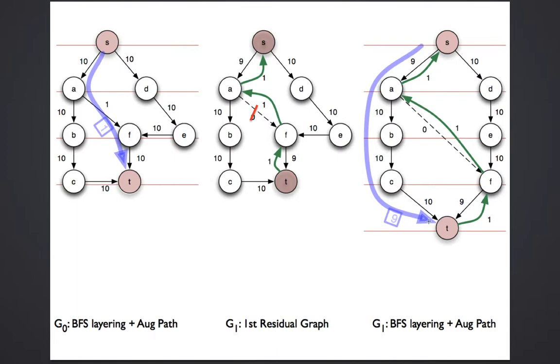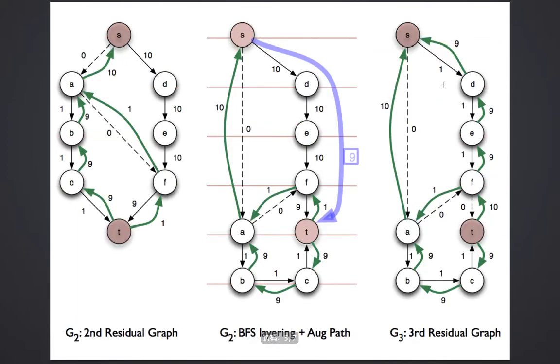And we will have the saturated edge, then we will delete this edge which got saturated. Here, because we push a flow value of 9, we will also get the reverse edges.